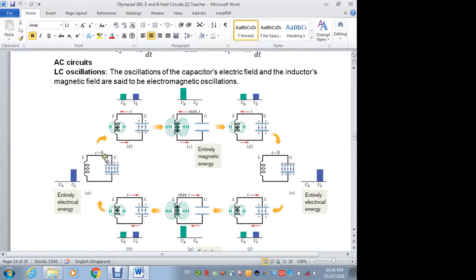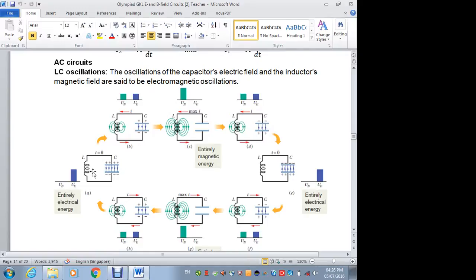When the current is zero, this is a fully charged capacitor, and the electric field is storing the energy. Since there's no current, the energy stored in the inductor is zero, because the inductor's energy depends on half Li squared. So remember this half Li squared is the energy stored in the inductor.